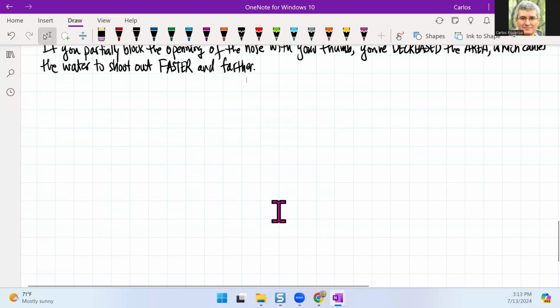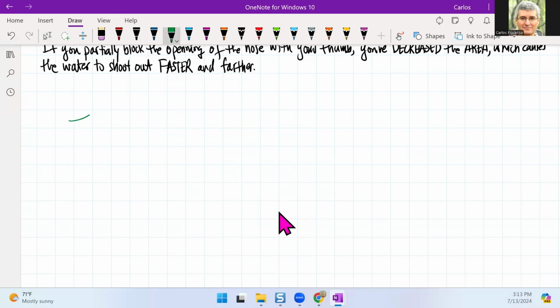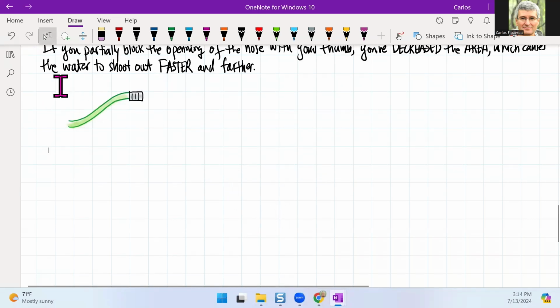So let's imagine that we have a water hose. And let's say, here's my water hose right here. And then at the end, we have our end right here. So when I'm looking at this guy, we're talking about water flow coming through this thing. Now, what I want to do here is copy this because I want to make two images of this thing. So if I'm looking at this, this is what I would see here.